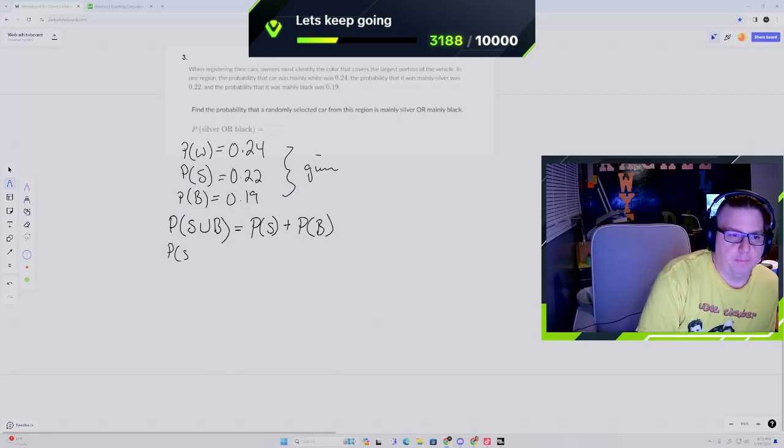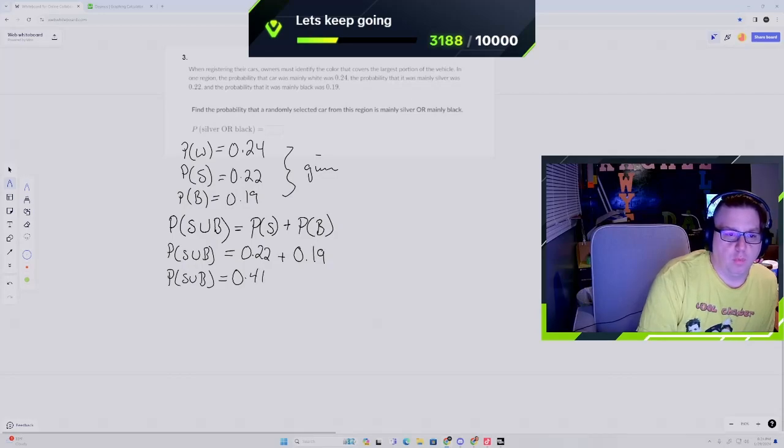So once we do that, silver or black, we're going to plug in our probability of silver, which is 0.22, plus our probability of black, which is 0.19. And that's going to give us 41% or 0.41. And remember, if we move it 2 spots to the right, that gives us our 41%.